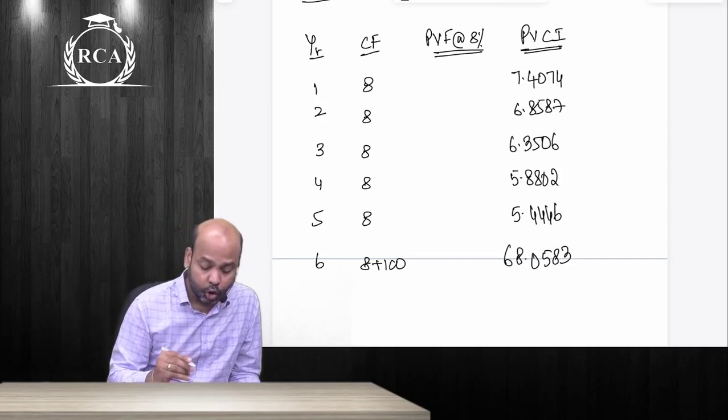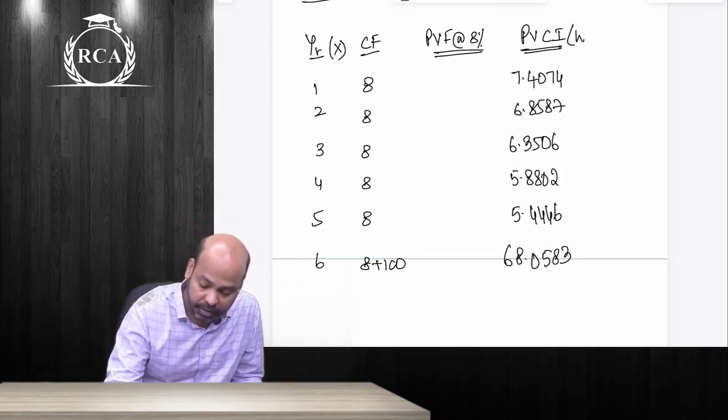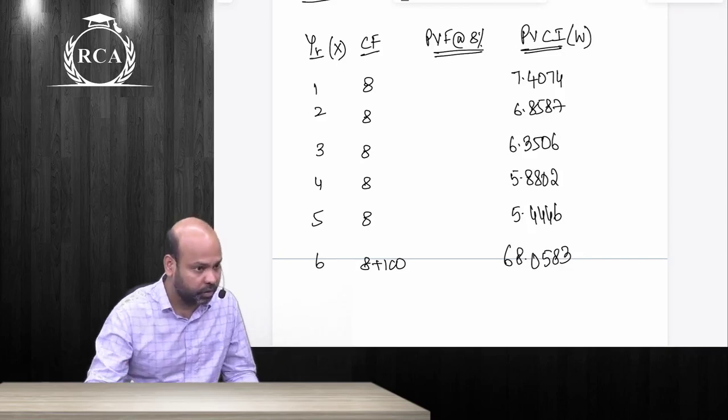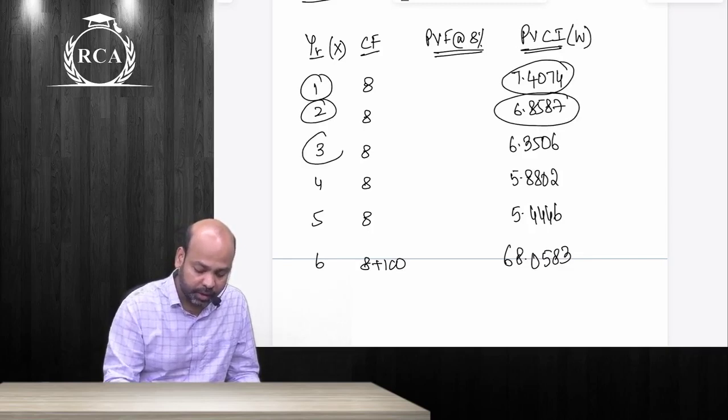ठीक है? To compute duration, guys, you multiply the year with the weight, which is the present value of cash inflow. 1 multiplied by this, 2 multiplied by this, 3 multiplied by this.